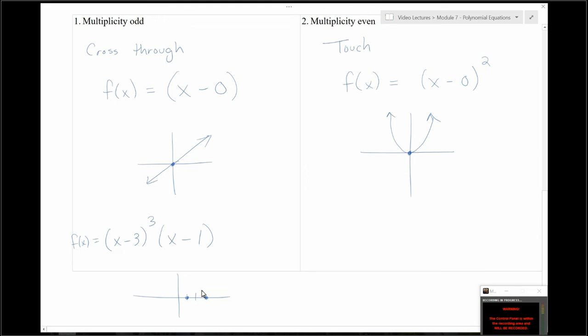Now, practicing what we learned about end behavior, the degree of this polynomial would be adding up all of my multiplicities. So it's degree 4. And I know because this is even, it'll look like x squared.